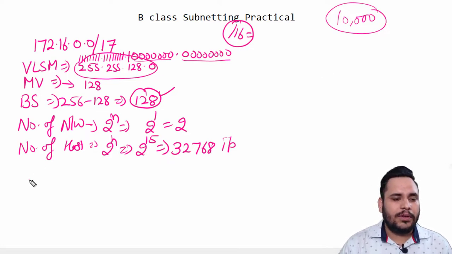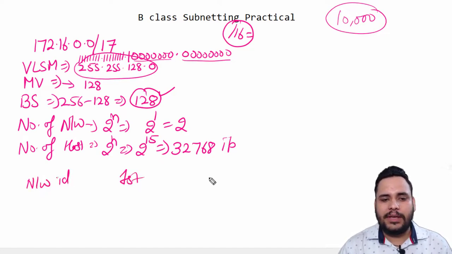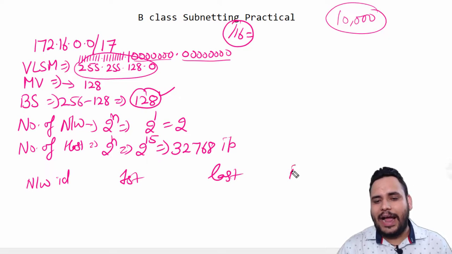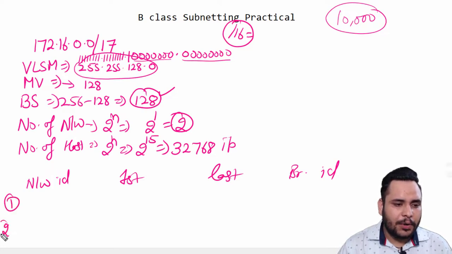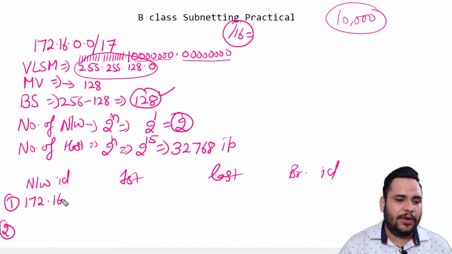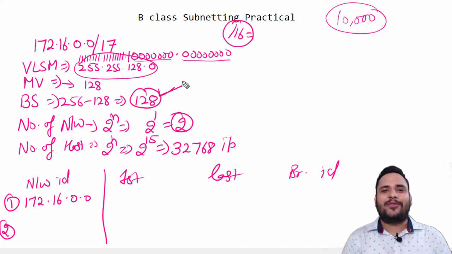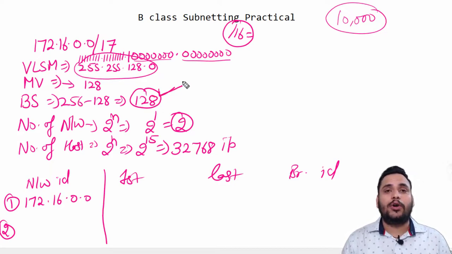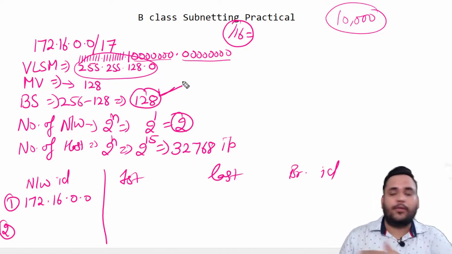So how to check network ID, first valid IP, last valid IP and broadcast ID? The number of networks is 2. My first network ID is 172.16.0.0. Now we have to check the block size, because we are not able to find 32,768 IPs very easily.